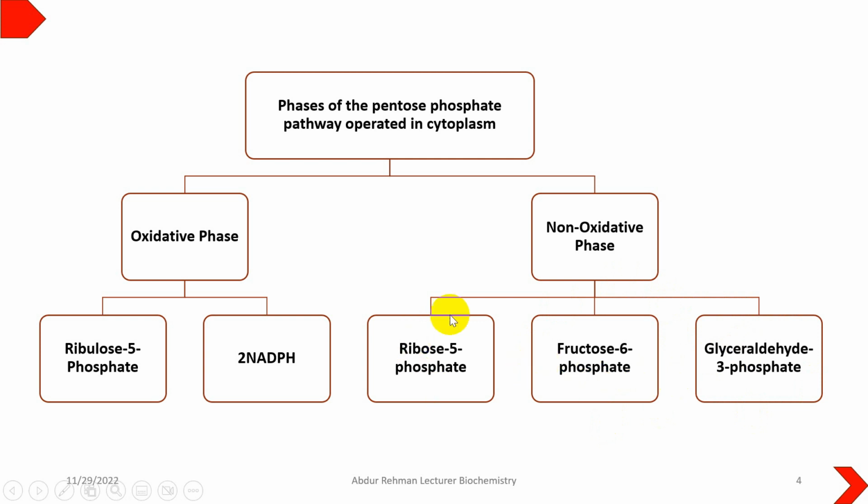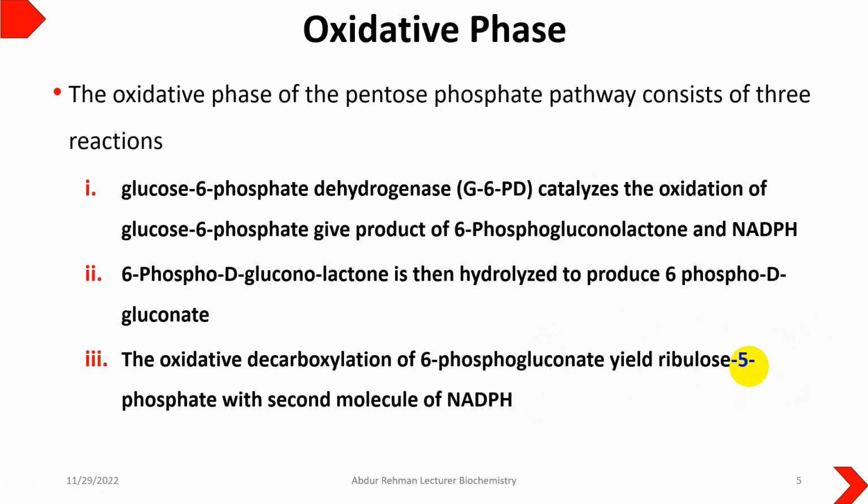Ribose 5-phosphate is a 5-carbon molecule in RNA and DNA, while fructose 6-phosphate is also an intermediate in glycolysis, and glyceraldehyde 3-phosphate comes in the splitting phase of glycolysis. We will see how we can utilize these in the pentose phosphate pathway.